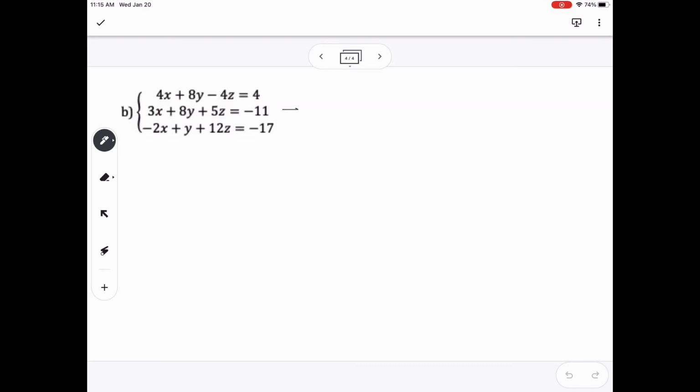Another example. Remember, the first thing I do is put it in an augmented matrix. The first equation is the top row, the second equation is the second row, and the third equation is the bottom row. Then I want the top row to have a 1 in the first row, first column, so I multiply by the reciprocal, which is 1/4. That changes that row, and then I write the other rows.